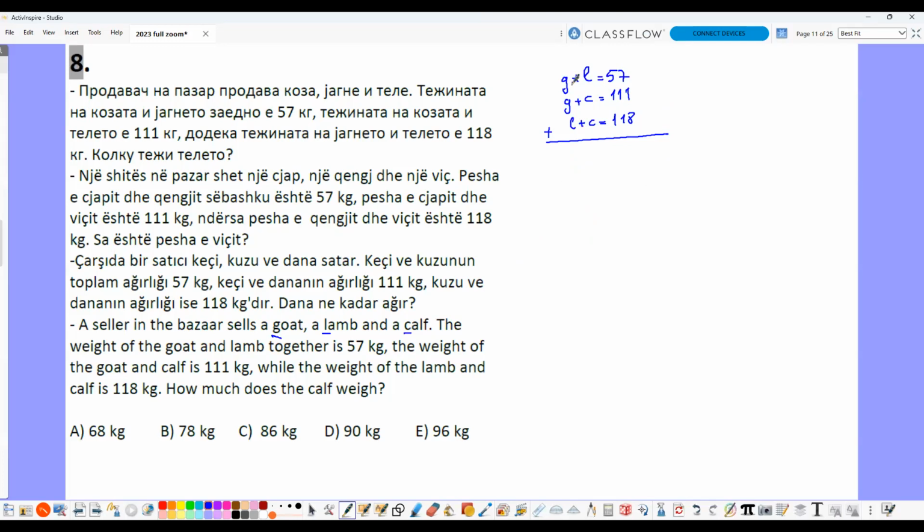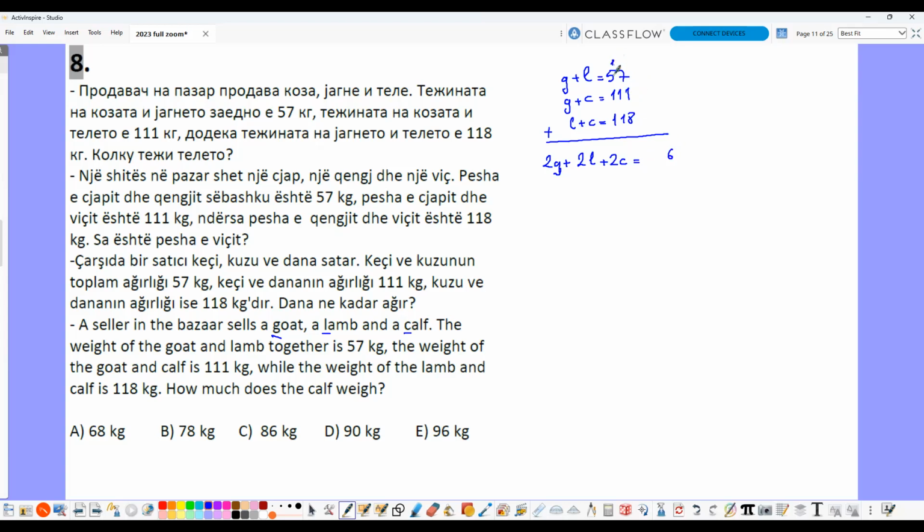Add them side by side: G plus G is equal to 2G, L plus L is 2L, and C plus C is 2C, which is equal to 57 plus 111 plus 118.